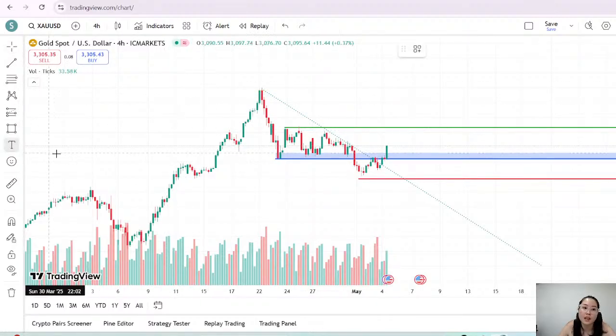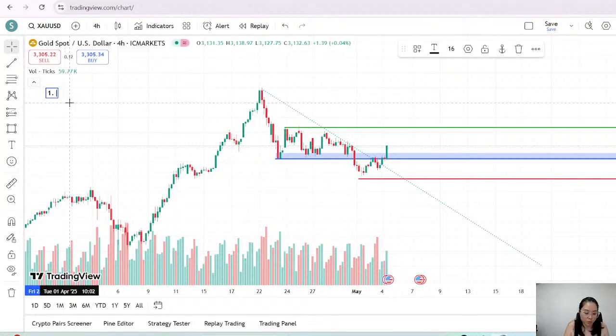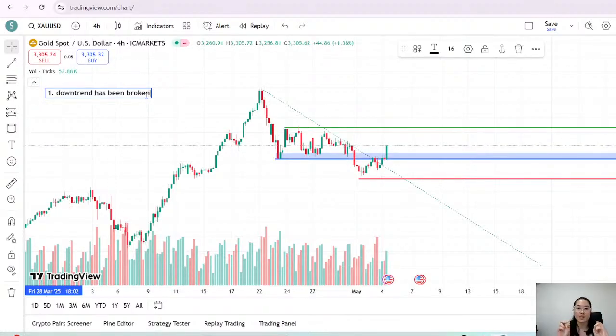You only do things if it makes sense factually. If it doesn't make sense, don't get in. So number one, the downtrend has been broken, signaling a buy. I need to first confirm why I think it's a buy. The first thing is the overall consensus on a big time frame that it is a buy. So we are a bit confident that it's a buy.